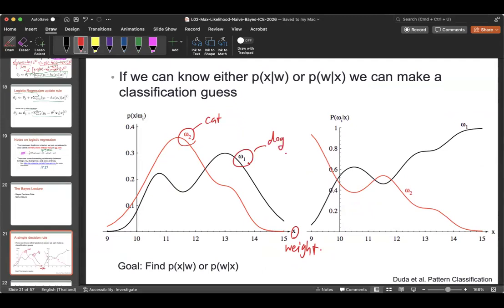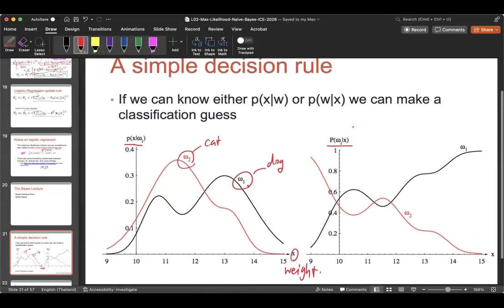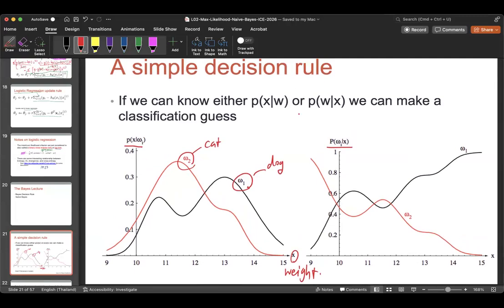All right, so I'm showing two distributions, P of X given W and P of W given X. My question is, let's say I have an animal whose weight is 12.